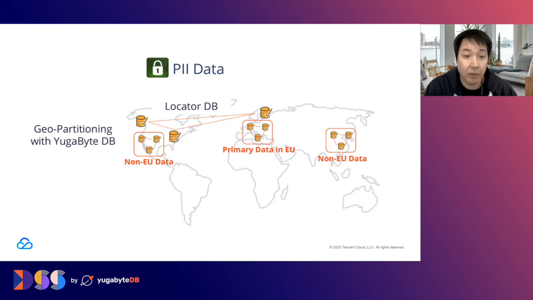geo-partitioning. What you can accomplish through this is that the PII data or private data you have categorized can remain, and is only accessible, in the region of origin. So basically, you can retain that through geo-partitioning. You can just keep that sensitive data in that region and not have it replicated into other regions.